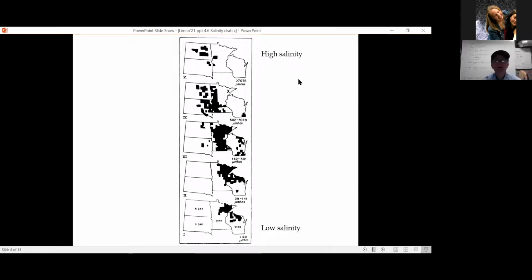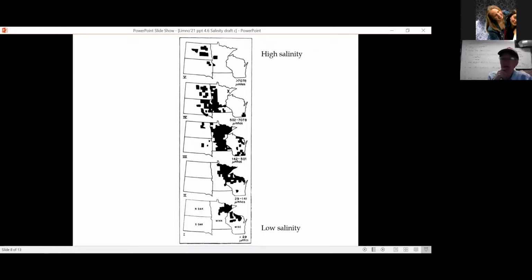This is from a paper by Professor Gorham at the University of Minnesota, quite a while ago, actually. I'm pretty sure he was the source of this paper. And this is showing the distribution of lakes of different salinities in this 5-state region. Now the unit here is the micromole, and that is the measure of conductivity.